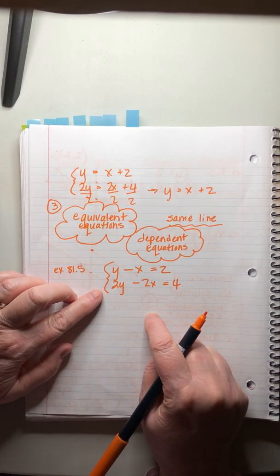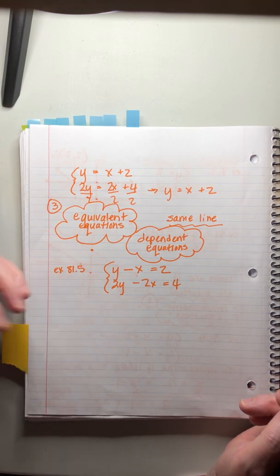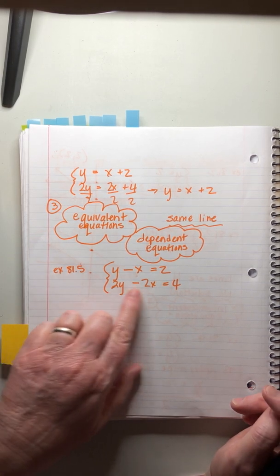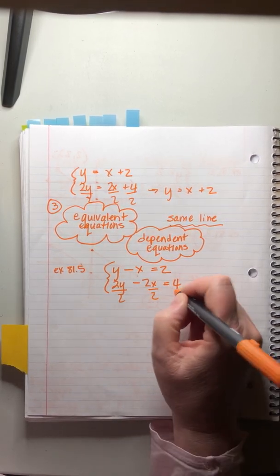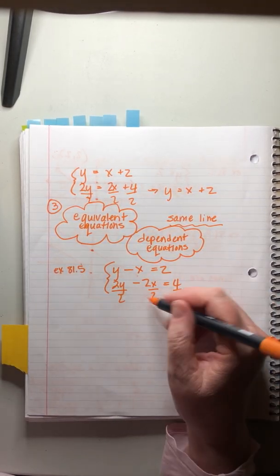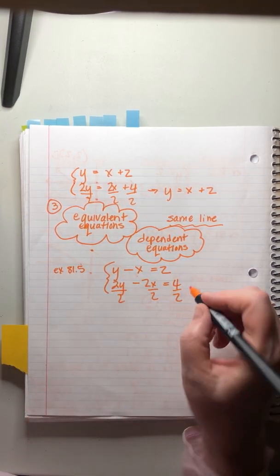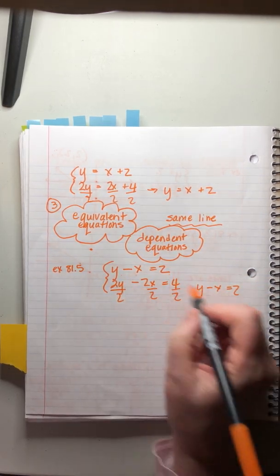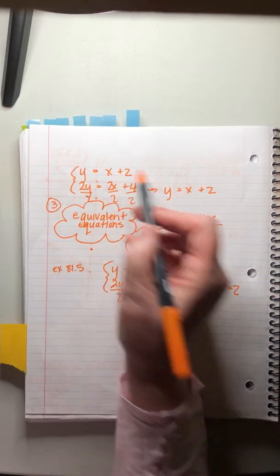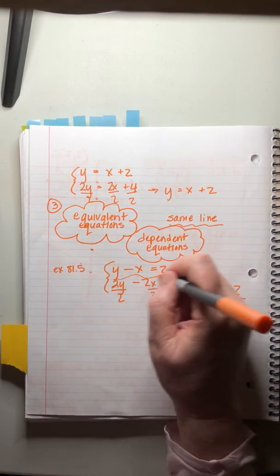I'm not sure why John made this a separate example. You just look at it and try to clean up whichever one looks like it could be simplified. I see all the 2's and I go, oh, okay, well, let's divide the 2's out. That's how I knew to do that. And then you get, and notice in this one, I don't even have them in proper y equals mx plus b order, but it doesn't matter. As long as they come out to be the same, you know they're the same.